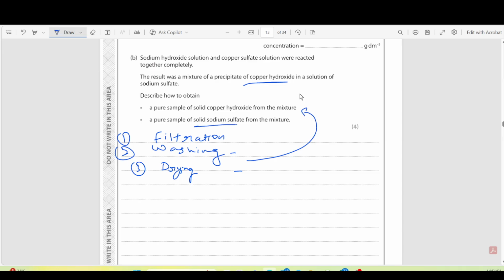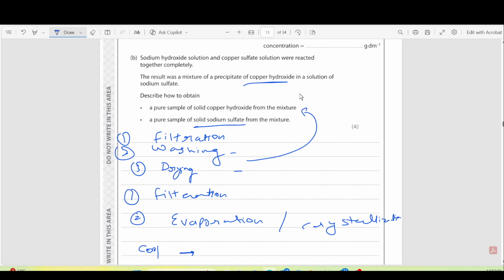Now for solid sodium sulfate, the first step is again filtration. Second is evaporation and crystallization. First we evaporate it and then we make crystals, and then cool it or dry it. So we filter the mixture as I said above.